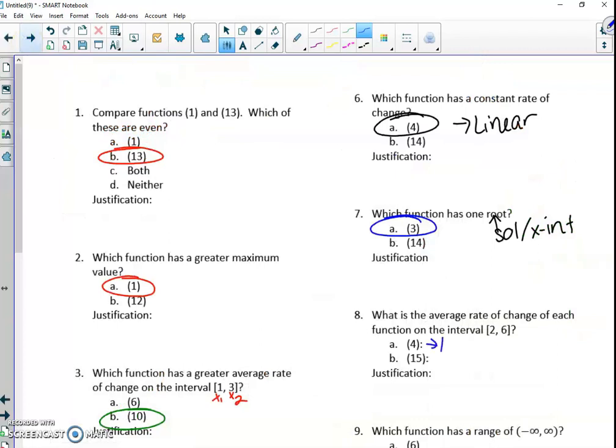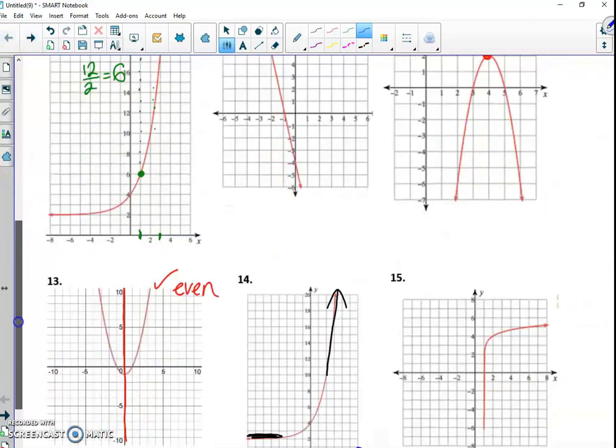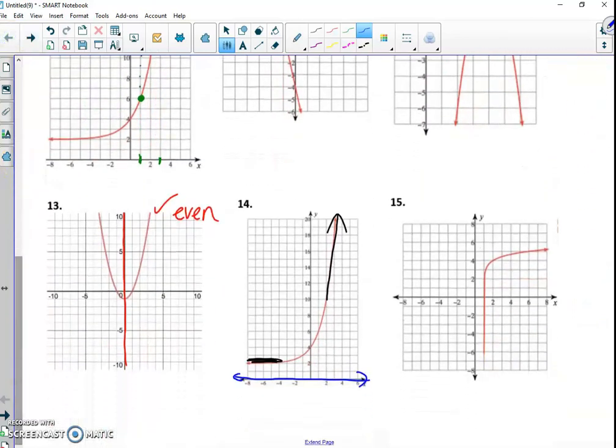Okay, so let's look at 15, 2 to 6. I like these ones where it has a graph. So it wants me to go from x is 2 to x is 6. From x is 2, that's here, up at 4. And then at 6, we're up at 5. And so to find the rate of change, we just do rise over run. Like I said, you could do y2 minus y1 over x2 minus x1, but it's easier just to count if you have a graph.